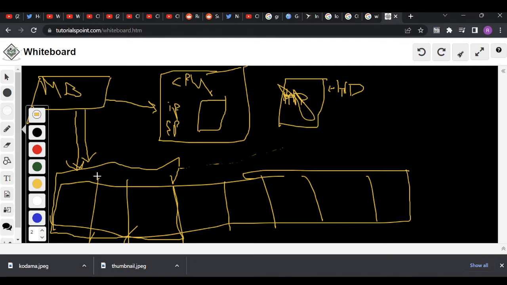Our BIOS file might do more than this, but one of its main functions is telling the CPU, hey, look here on the hard drive for the bootloader.